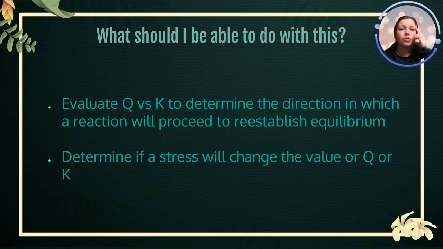And then finally, determine if a stress will change the value of Q or change the value of K. That is pretty important. They like to ask you that question. And then sometimes also to know what does not impact Q or K. That would be, again, a catalyst does not change Q or K, or adding an inert gas would not change Q or K.